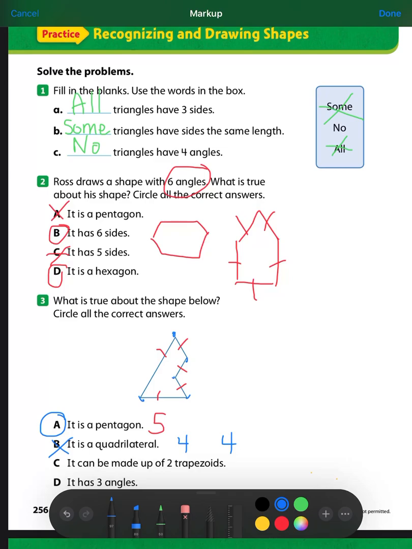Let's read C. It can be made up of 2 trapezoids. Do you think this shape can be made up of 2 trapezoids? Let's think about that one for a second. Let's think about what a trapezoid looks like. A trapezoid looks like this. Do you think this shape can be made up of 2 trapezoids?